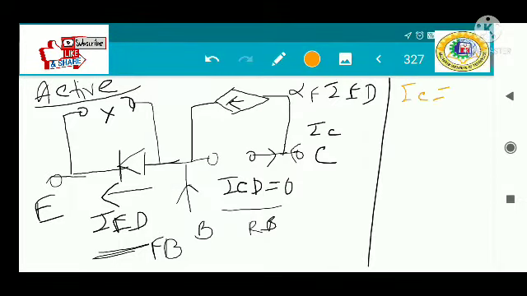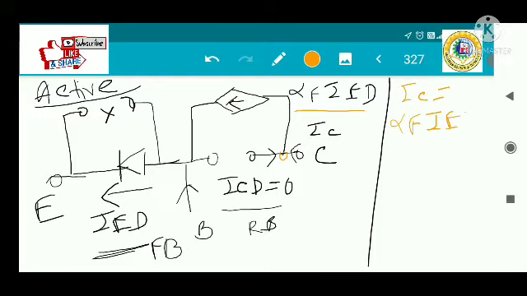your IC will be equal to alpha F IED. What is the IC in this case? In the active region, all of you know that some portion of the emitter current flowing in the transistor reaches the collector. The diode connected at the emitter junction has current IED flowing through it, so some fraction of that current, alpha F IED, is here. You can also apply KCL here to get that.